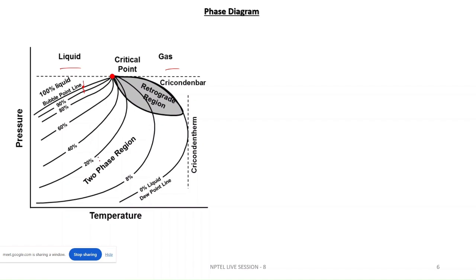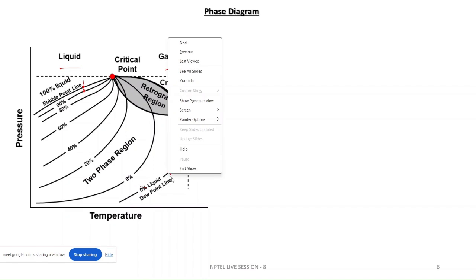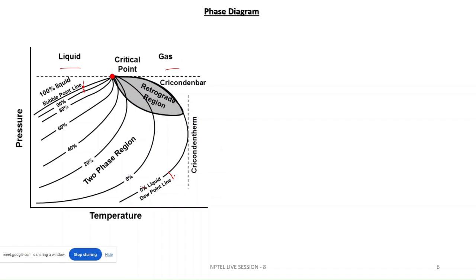It goes up to this portion where there will be zero liquid, and at that point, the first liquid drop of condensate will form. So this is the dew point line, and this one is the bubble point line. And below, there will be a two phase region.